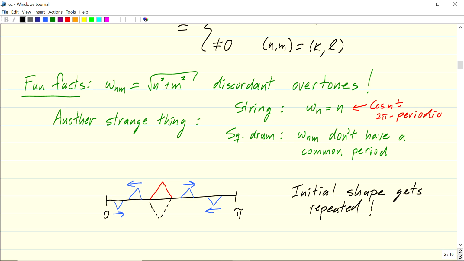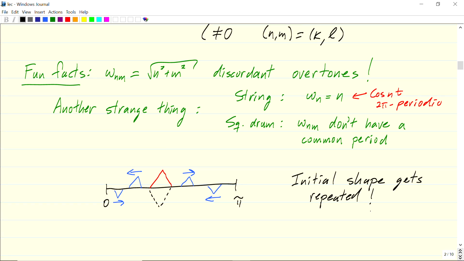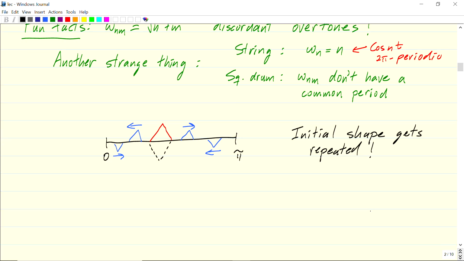That doesn't happen with a square drum. So if I made a little pluck shape, let go, it would just go blonkers and never come back to that exact same shape again. Okay, that's a difference between a one-dimensional wave equation and a two-dimensional wave equation. Let's say this drum didn't have, this is an infinite string.